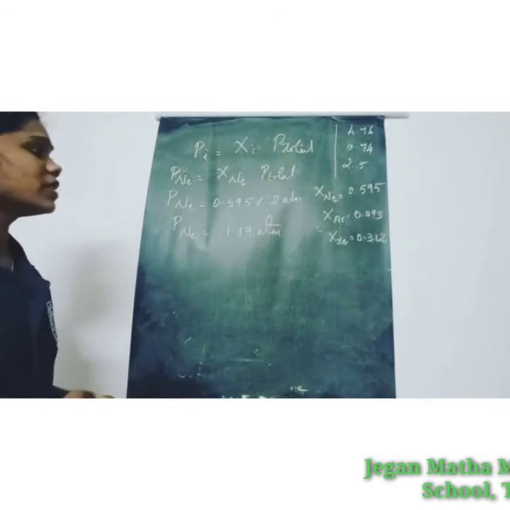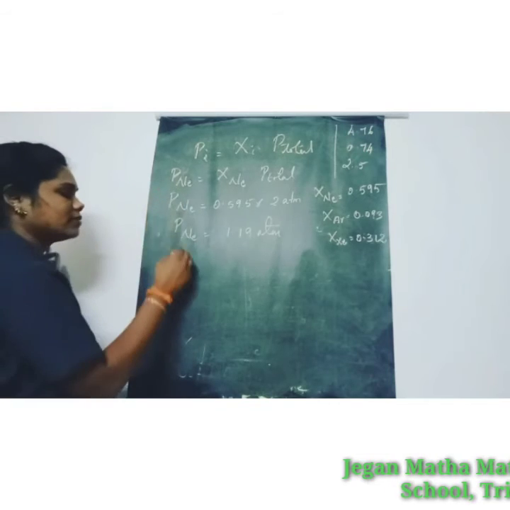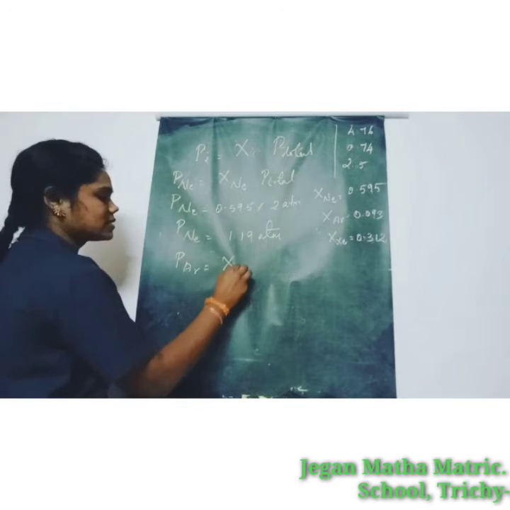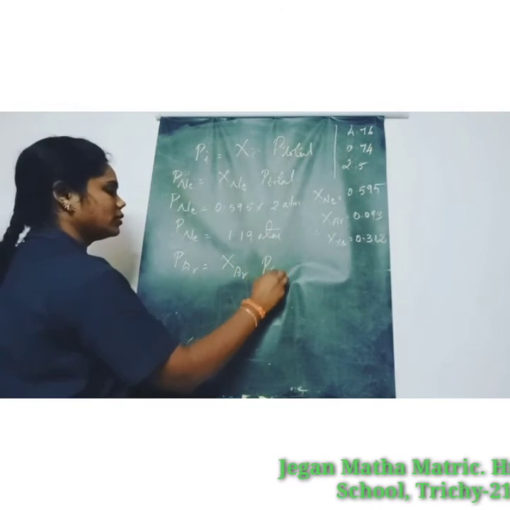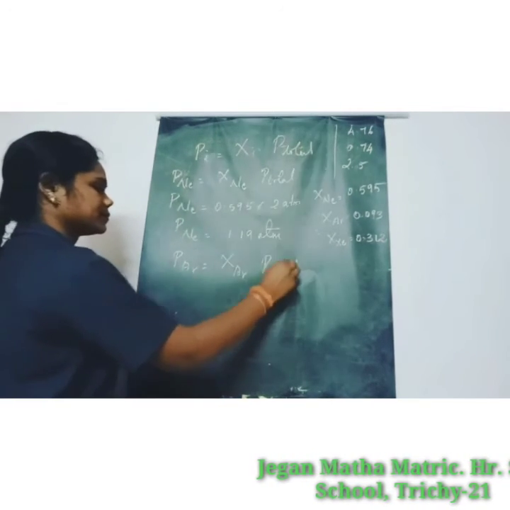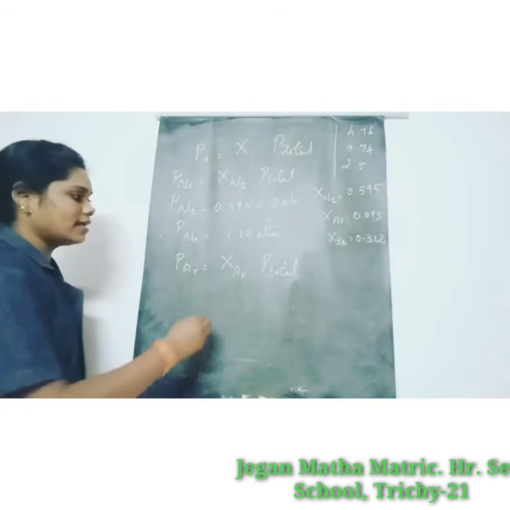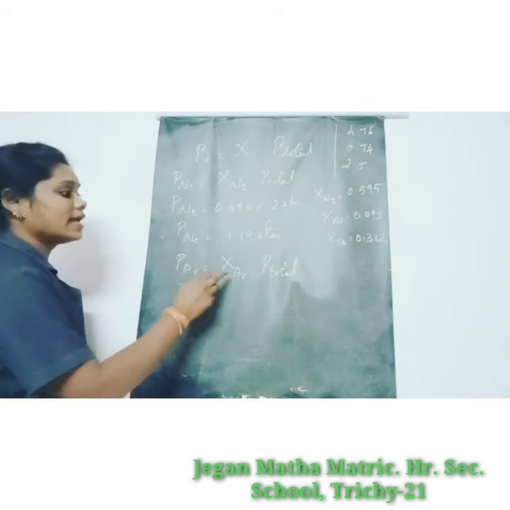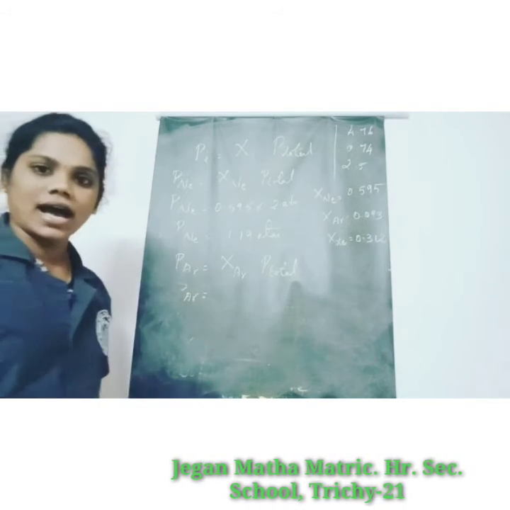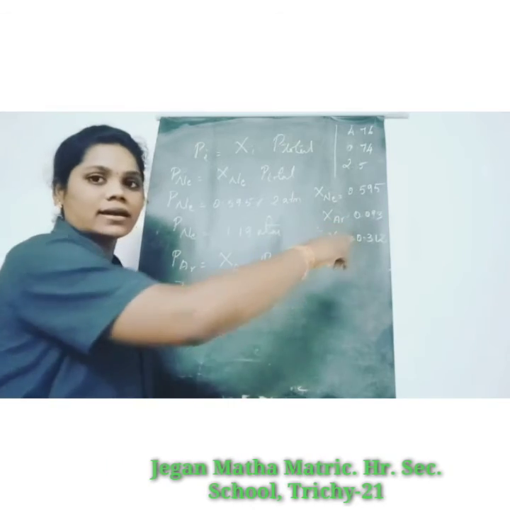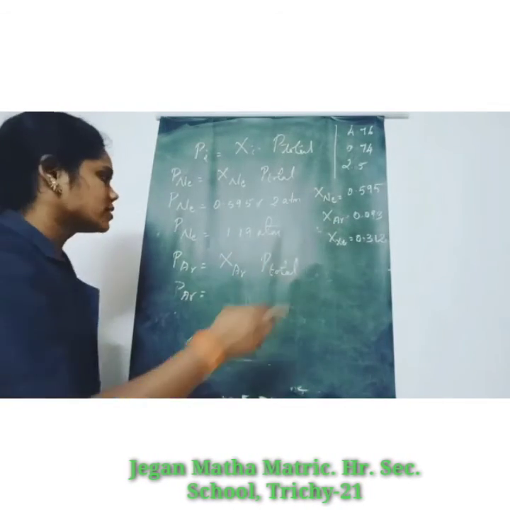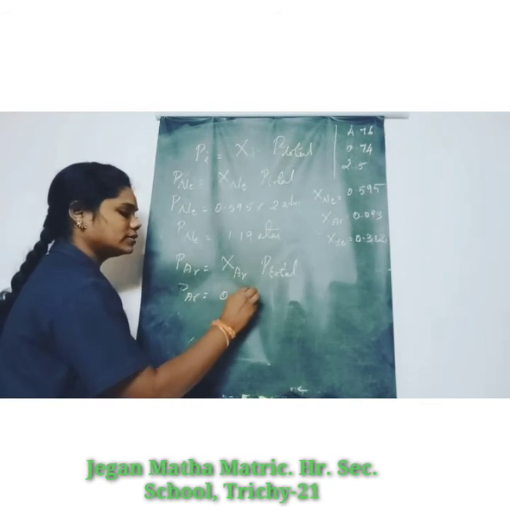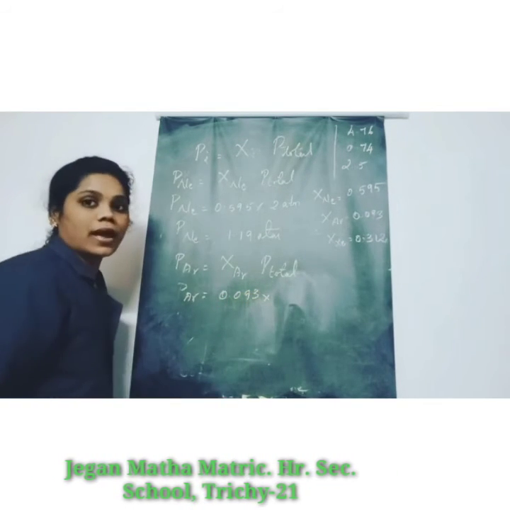Okay. And the next one for argon. So same thing, P argon is equal to X argon into P total. So here P argon is equal to X argon, the value for argon is 0.093. So substitute this value here, 0.093 into P total.